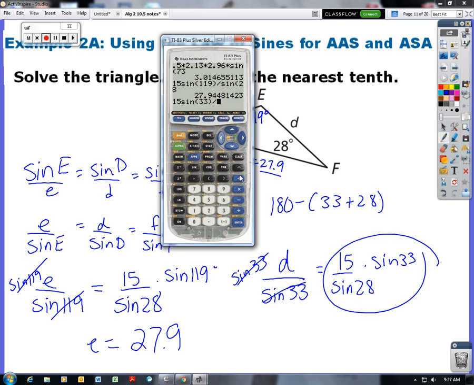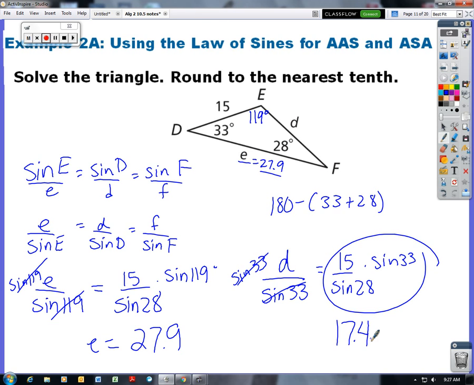Divided by sine of 28 equals 17.4. And that's another side length. Then I take a look at it and make sure it looks reasonable. My longest side is opposite my largest angle. My smallest side is opposite my smallest angle, so that's a good thing.